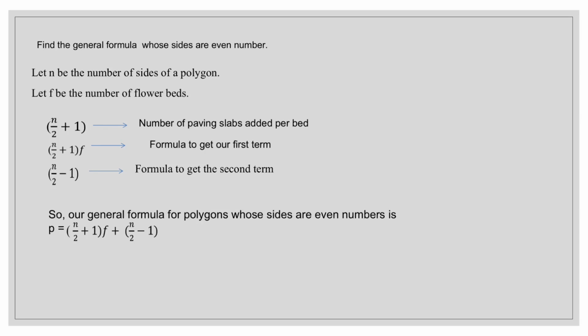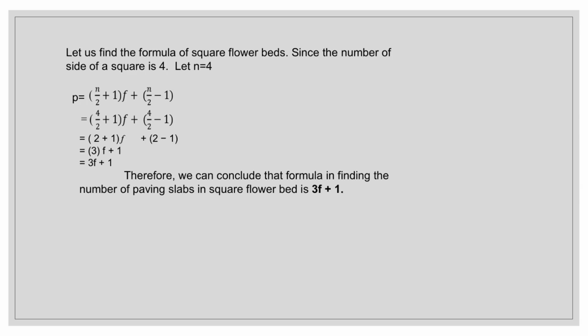So, para malaman natin kung tama yung mga formula na nakuha natin bawat polygons, gagamitin natin tong general formula. So, first, let us find the formula of square flower beds. Since the number of sides of a square is 4, let N is equal to 4. So, substitute lahat natin yung mga value ng N sa 4. So, P is equal to quantity N over 2 plus 1 multiplied by F plus quantity N over 2 minus 1.